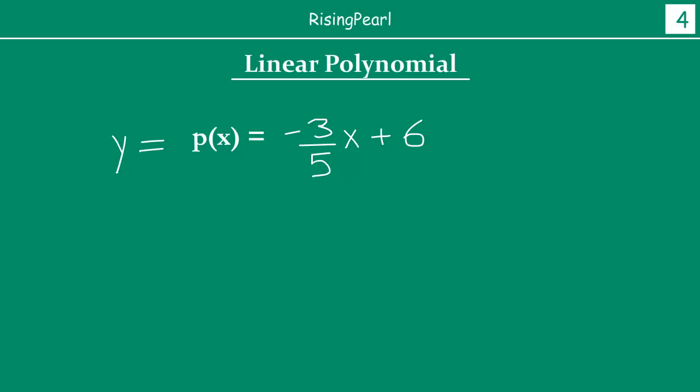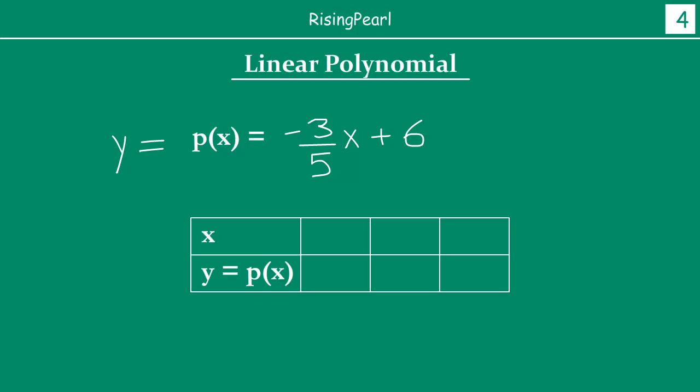So in this case, again, we are going to do the same thing. First, we are going to draw the grid, our small table, and we want to put three values here. Now if you look at why I have taken this particular example, here the coefficient of x is minus 3 by 5. Remember what we discussed earlier, we want to make sure that the value of y is a whole number.